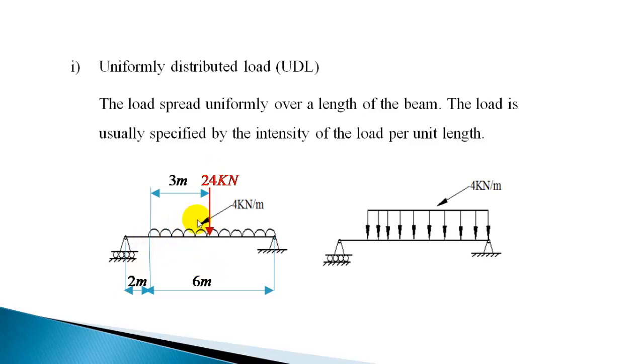At the center you remove this and put 4 into 6, or 24, at a distance of 6 by 2, or 3 meter. So from this support it is going to be 5 meter. This is the replacement for this UDL.